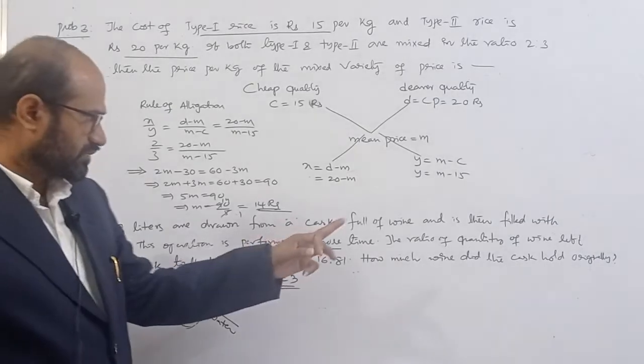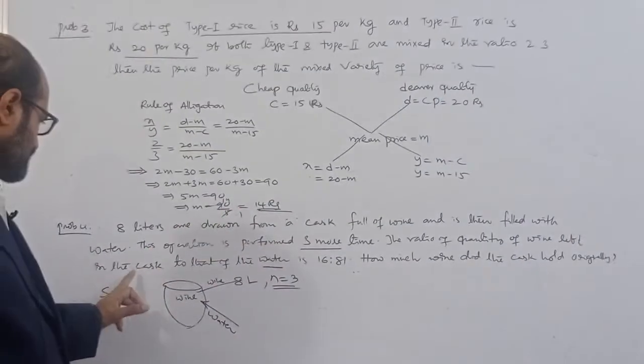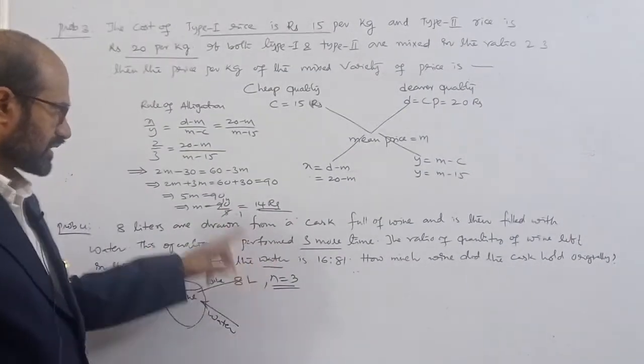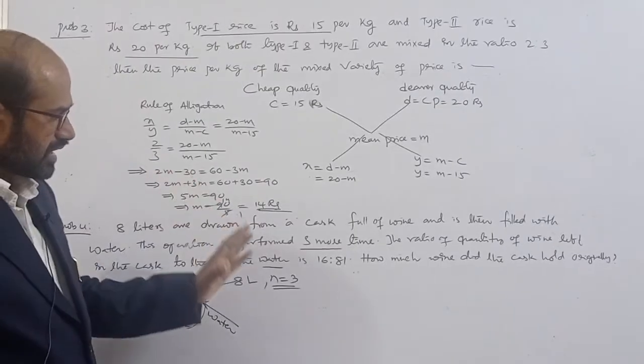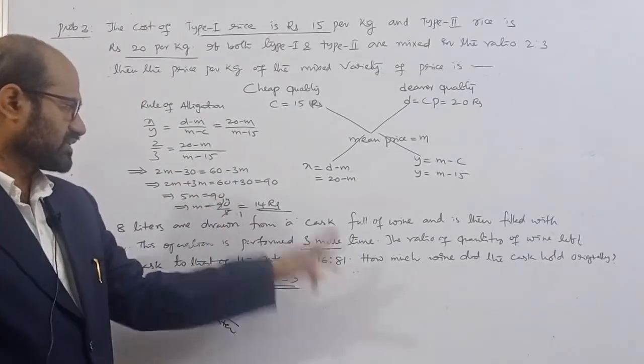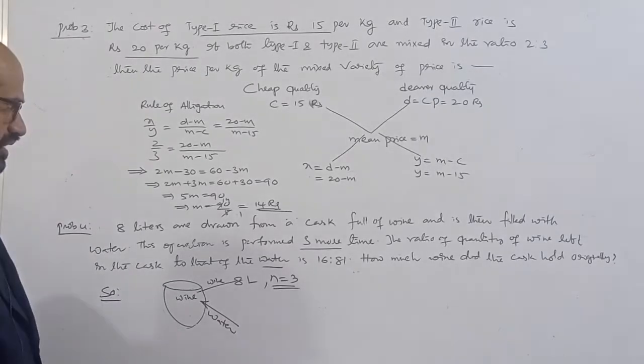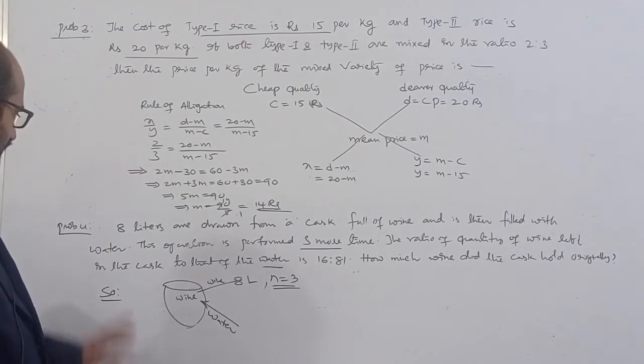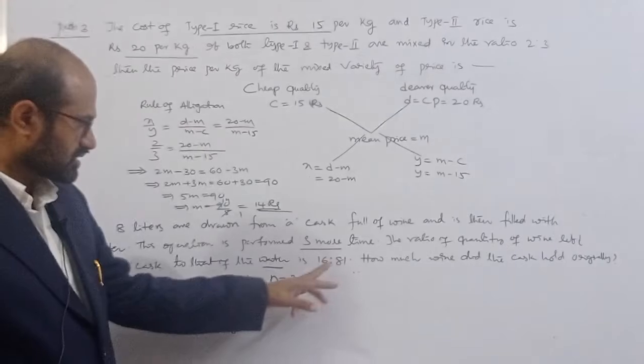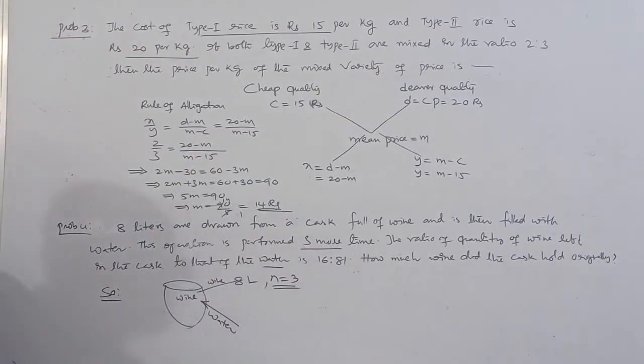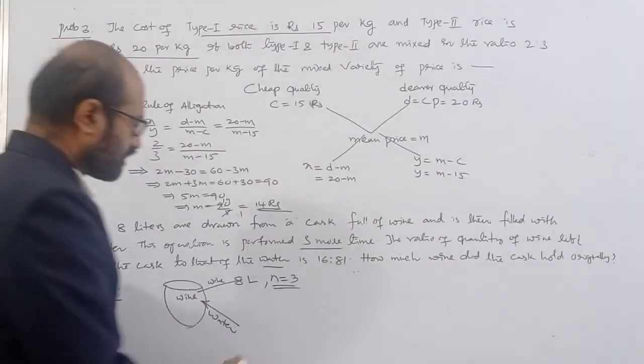And the ratio of the quantity of wine left in the cask to that of water is 16:81. How much wine did the cask hold originally?